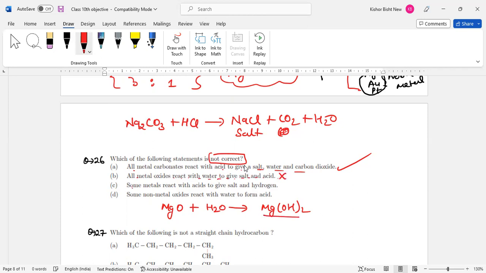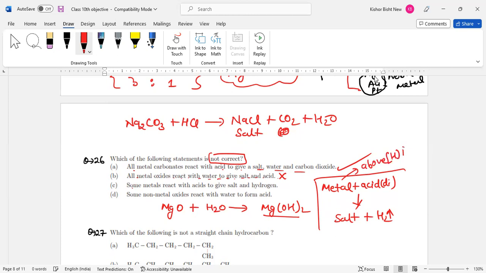Third one: some metals react with acid to give salt and hydrogen gas. Yes, some metals, not all, because metals below hydrogen in the reactivity series will not produce hydrogen gas. All of you know that metal plus dilute acid gives salt plus H2 gas, for metals above hydrogen in the reactivity series.